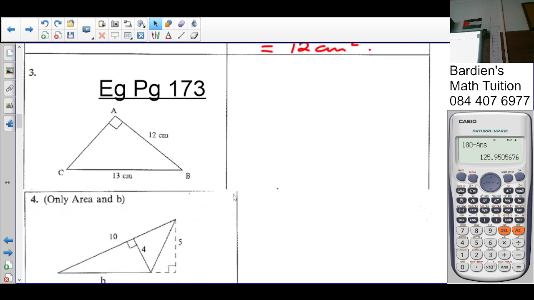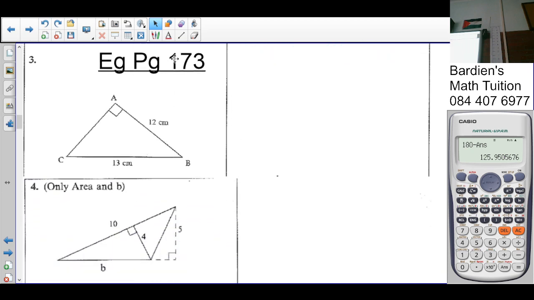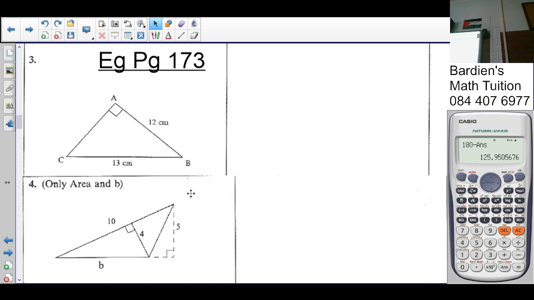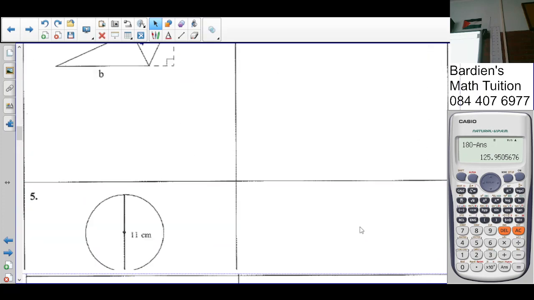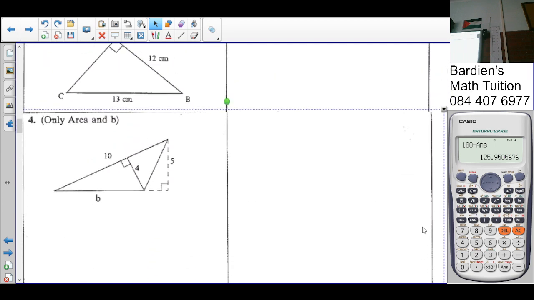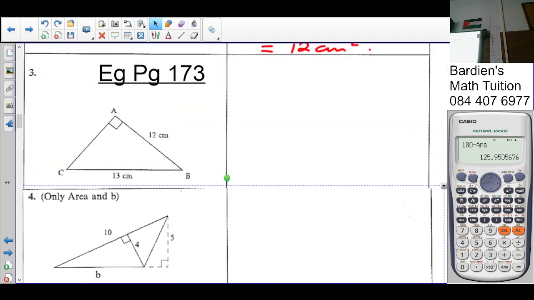Okay. The third one? The next one? To calculate the perimeter, what am I missing? The side AC. But how do you think you're going to calculate AC?